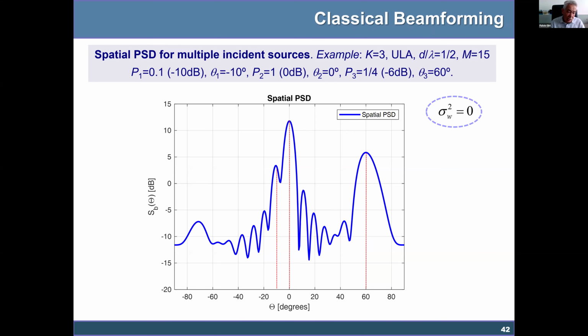There is a bias that does not tend to 0 when N tends to infinity, and this bias depends on how close the sources are and how different the powers of different sources are. I mean, this is quite intuitive. Now, remember, this is what we get when N, the number of snapshots, goes to infinity.